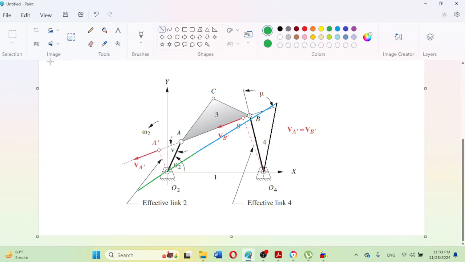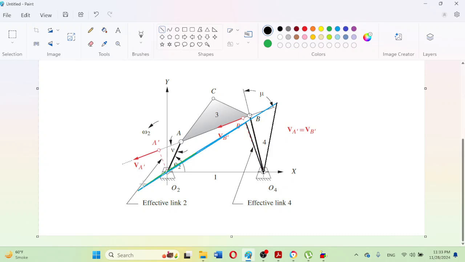So at that moment, in a similar manner, I can draw here, so like this.